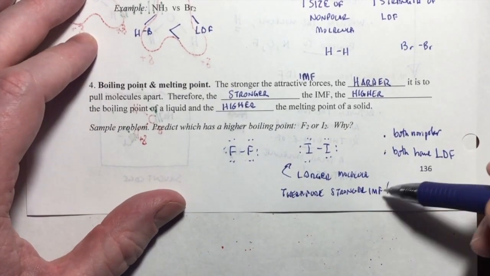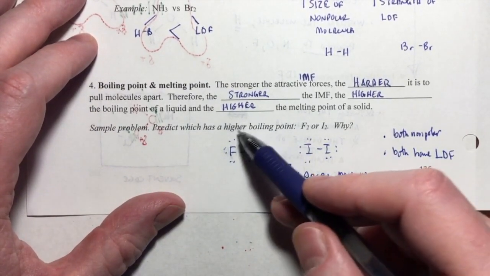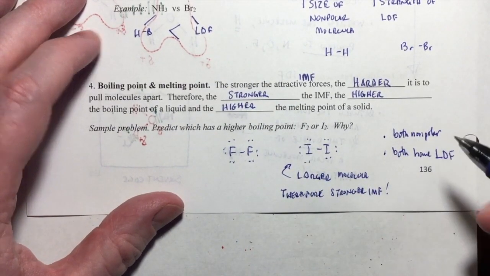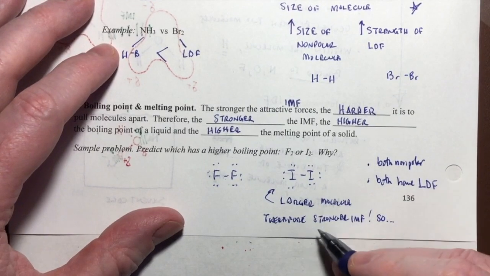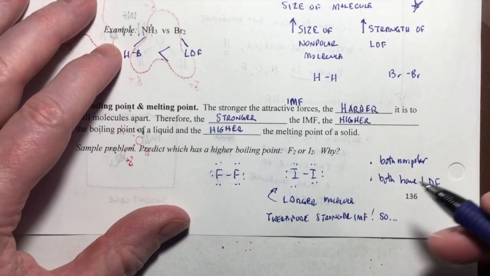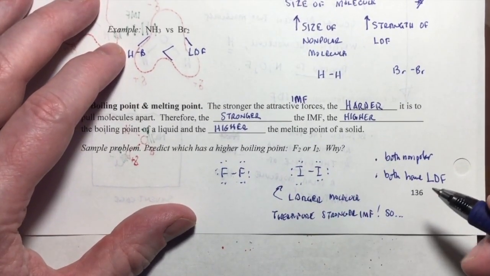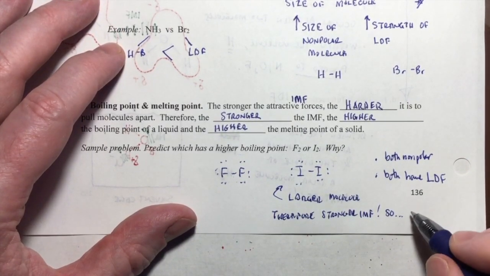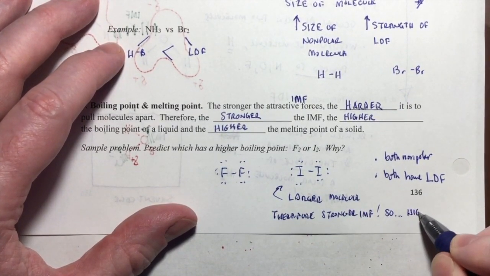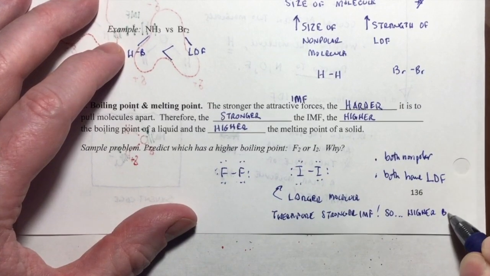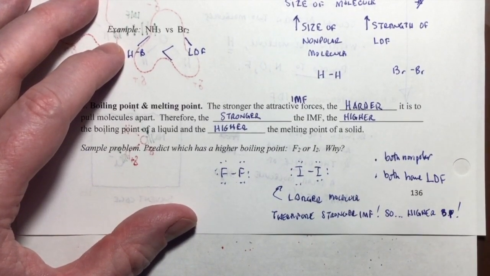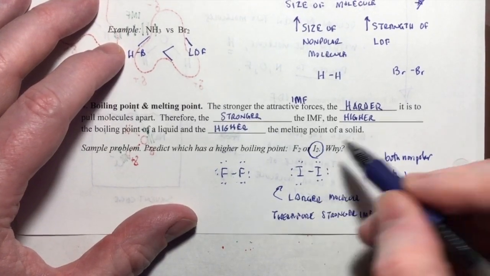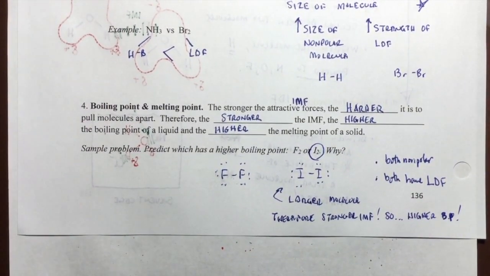And if I have a stronger IMF, then I have a higher boiling point, because if you have the stronger IMF that you have to overcome, then you need more heat and therefore a higher temperature to get it to boil. So higher boiling point. So I2 is our answer. Okay?